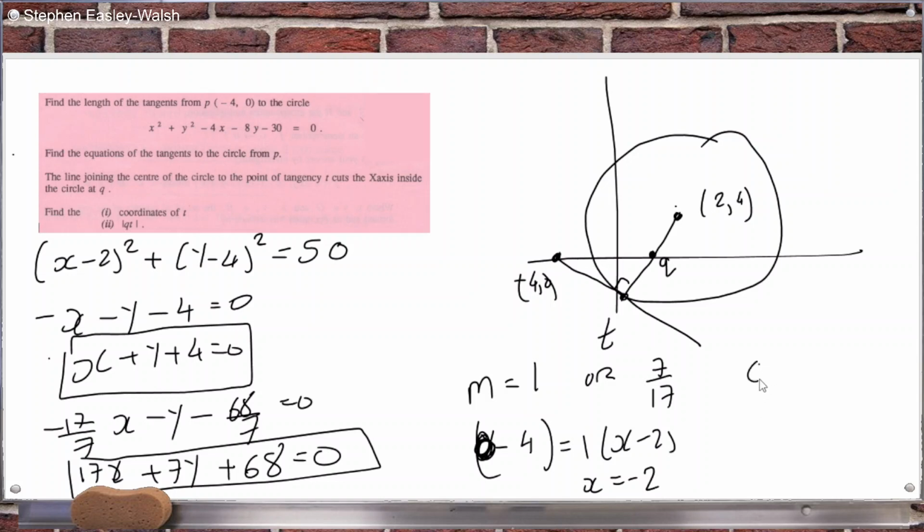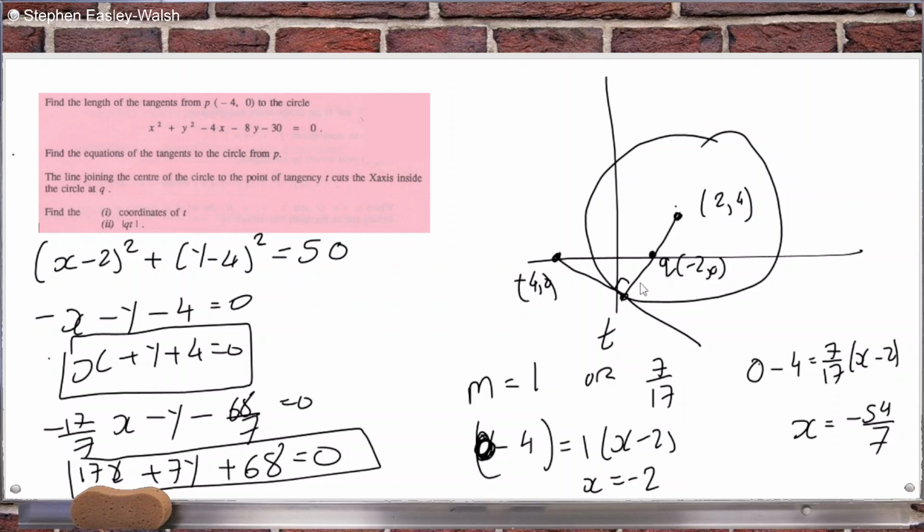And then you have, same way, y minus y1 equals m times (x minus x1). Let's calculate that. Minus 4 times 17 divided by 7 plus 2. Oh no, that one seems definitely too big. Minus 54 over 7. Although it's not quite right, I'm going to go with the minus 2. That gives me where the Q is. So that would be minus 2, 0.